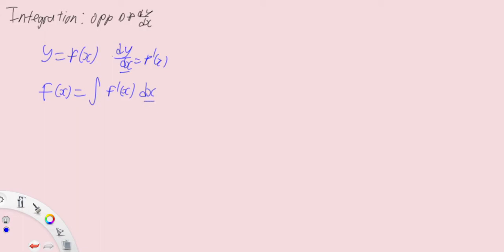In differentiation, you're differentiating with respect to whatever variable you want, and in this case, we are differentiating with respect to x, therefore we write a dx. In integration, if we want to integrate with respect to x, we also write a dx. The only thing that's new here is the integral sign that looks like an S shape.